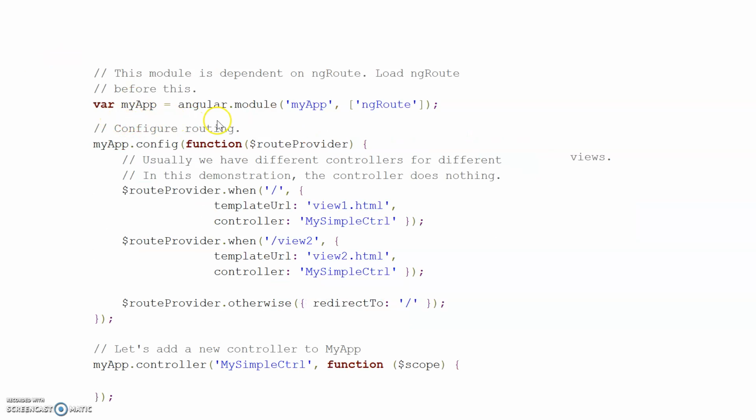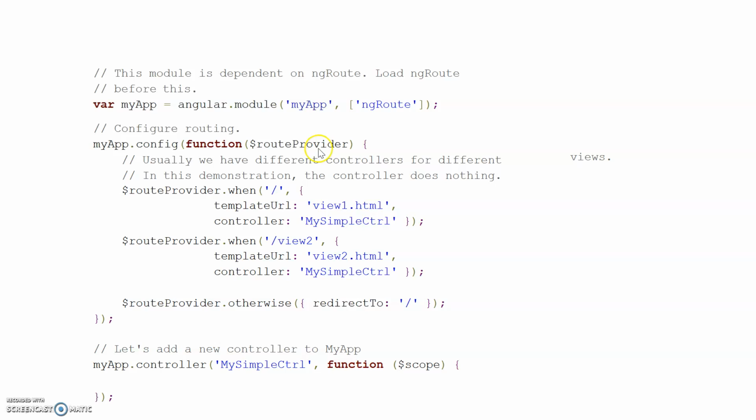How will it work? Again, you have to create the module and configure the routing with module.config. This module is dependent on ngRoute, so load ngRoute. Till now we were creating the module with only the name, but now ngRoute is there. This module we have to load. Then myapp.config, here you have to call the function with $routeProvider. routeProvider.when('/') means root directory.